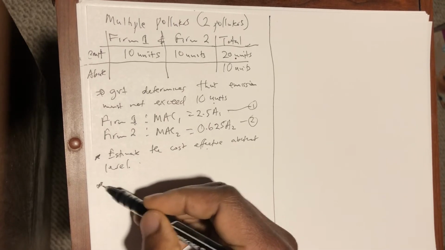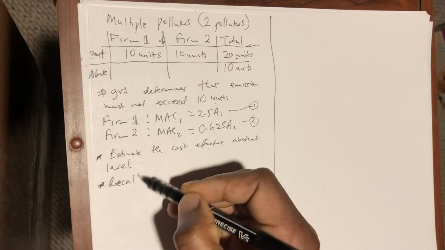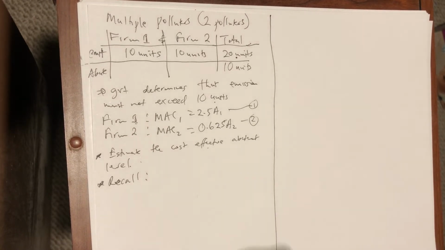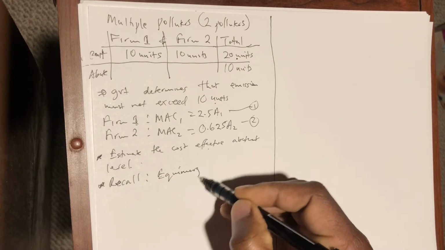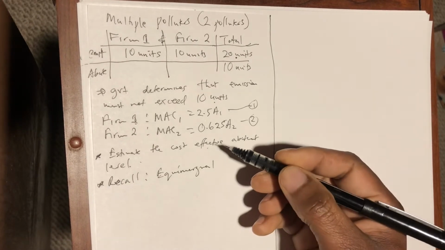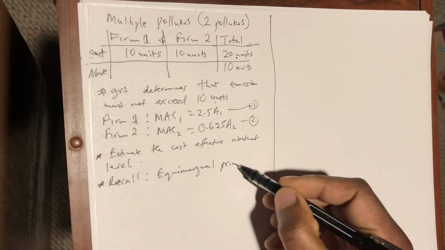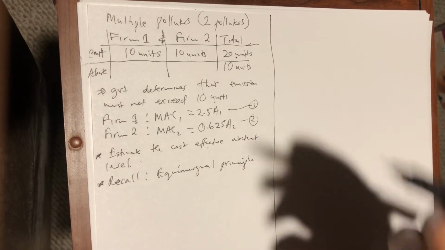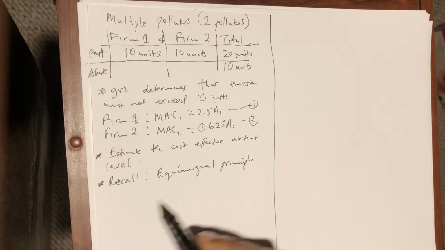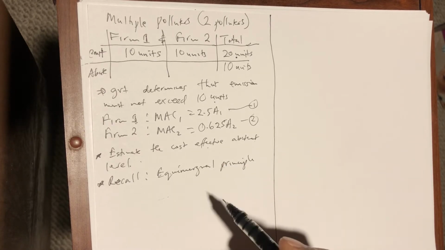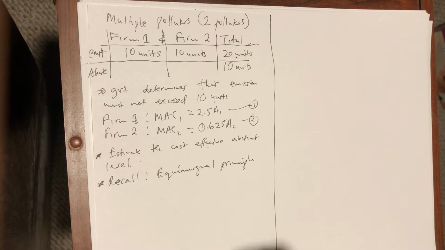So I want you to recall the equimarginal principle. I hope you still remember that, right? For a cost-effective abatement, the equimarginal principle should hold. What did we say about the equimarginal principle?